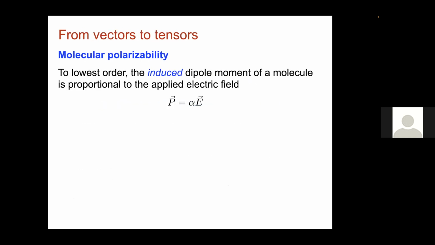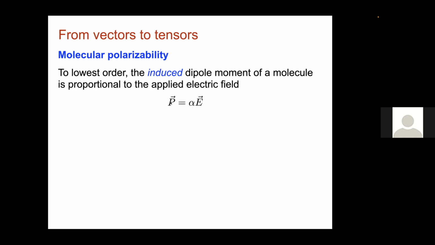let's consider first molecular polarizability. This is going to be very important for next lecture when we consider Raman effect. Raman effect is related very much to the polarizability tensor. Now, well, this is just a linear description of the induced electric dipole moment of a molecule under an applied electric field.